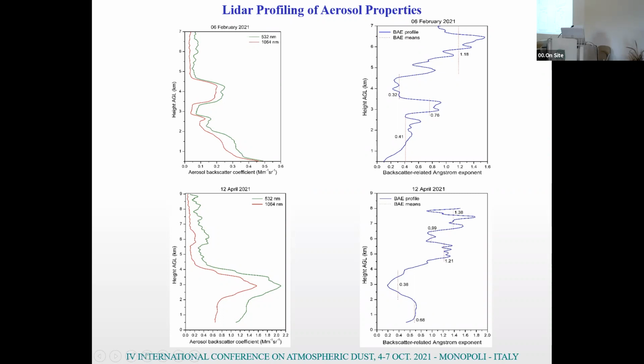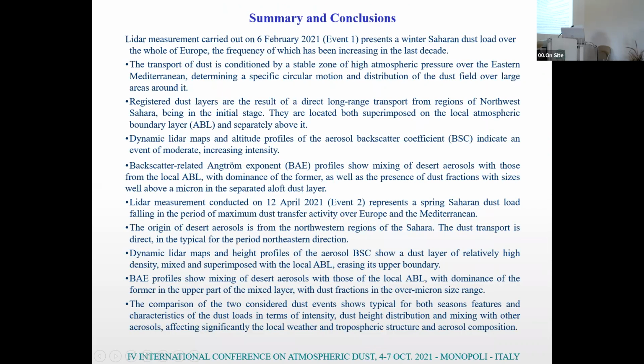The corresponding backscatter-related Angstrom exponent profiles for both cases show mixing of desert aerosols with those from the local ABL, with dominance of the former, as well as the presence of dust fractions with sizes well above 1 micrometer, as within the mixing height range, so in the observed separated aloft dust layer.